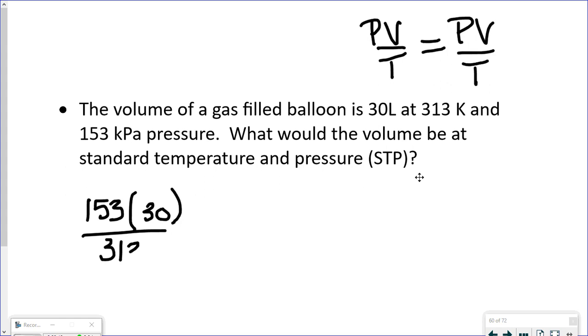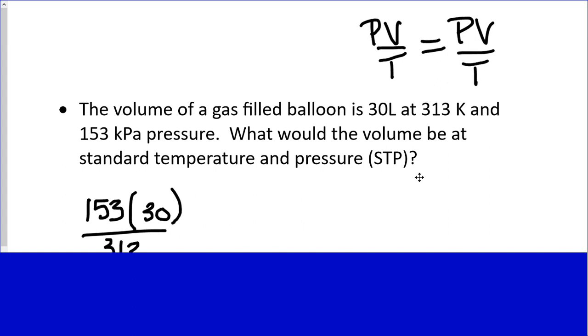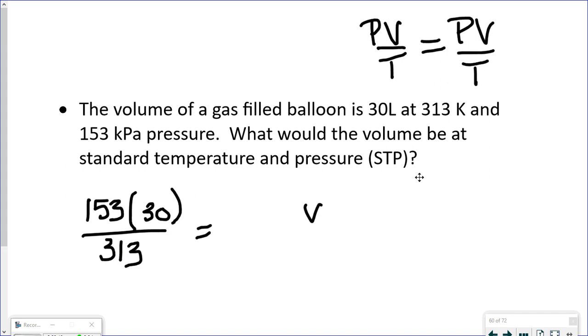And then it wants to know the new volume at standard temperature and pressure. So we would have to pick those numbers off of our reference sheet. Since our pressure is in kPa, standard pressure in kPa is 101.3 off of your reference sheet. And standard temperature in Kelvin for gas laws, it gives you is 273.